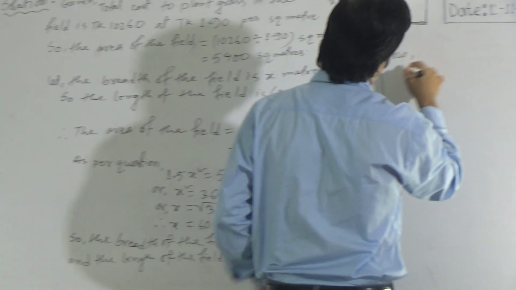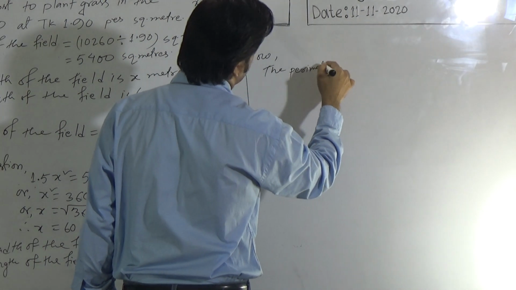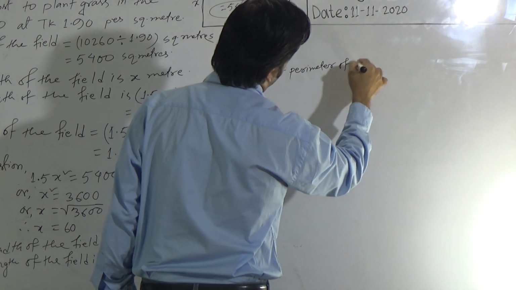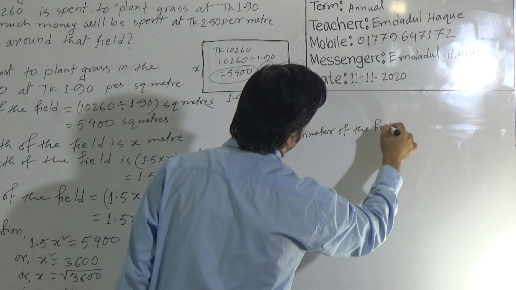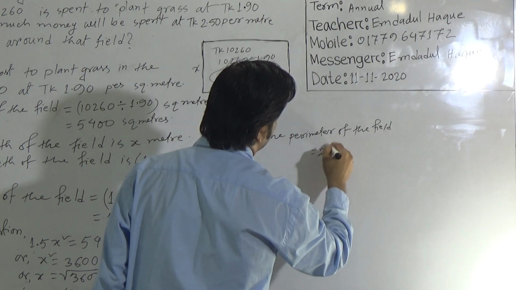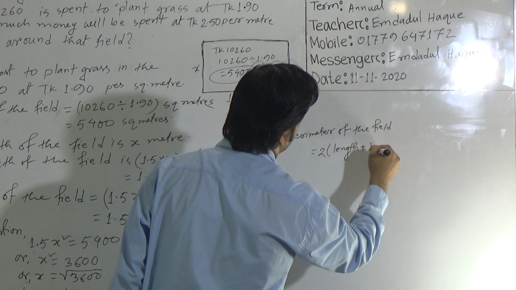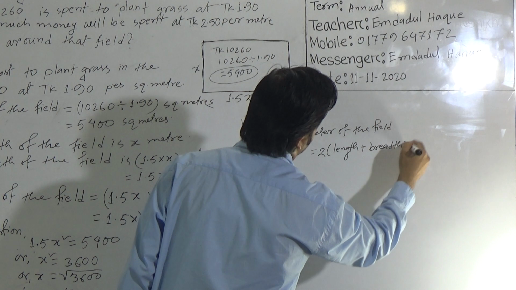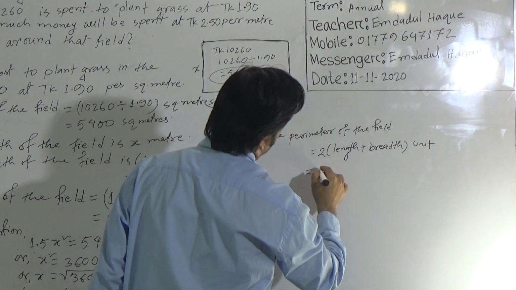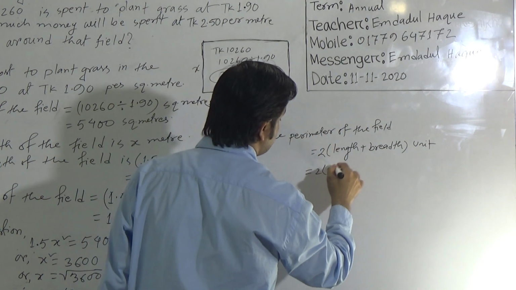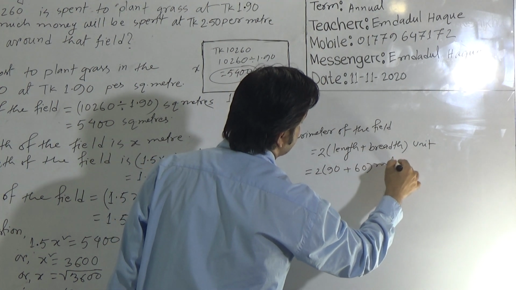Now, the perimeter of the field equals 2 into length plus breadth. This is the unit. So we can write here 2 into length means 90 meter, breadth means 60 meter. So here will be meters.